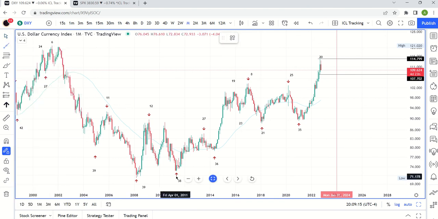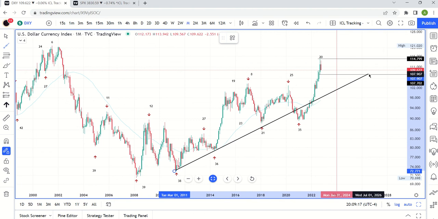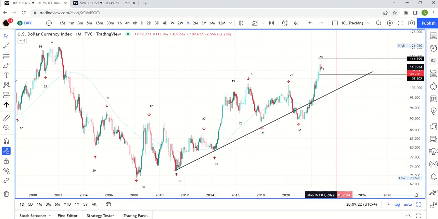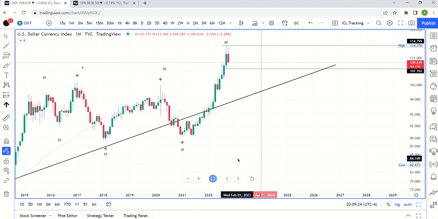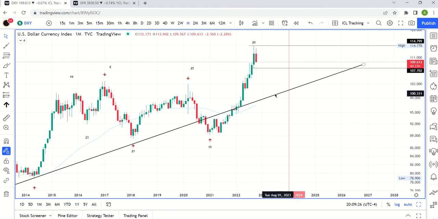So let's say you could draw something like that, right? And you're like, oh, well, it's going to break that, right? Well, guess what? For it to break this trend line, doesn't it have to make a lower low below the low from the previous month? And so I prefer to use that as my signal and not wait for this kind of arbitrary line here.